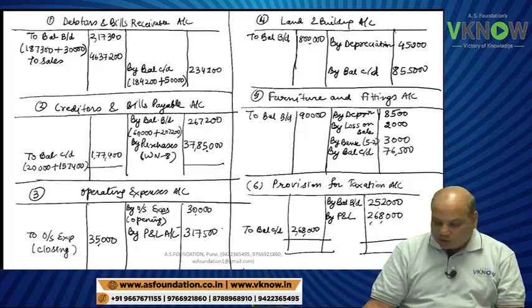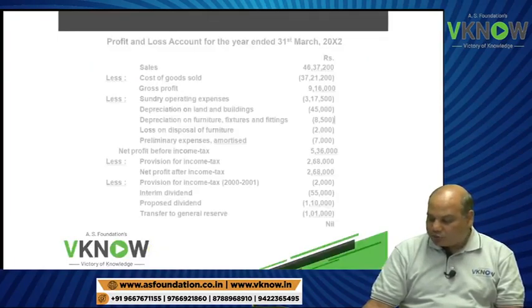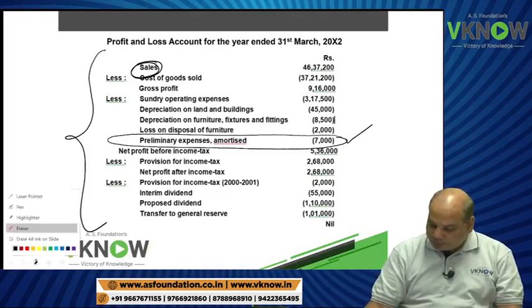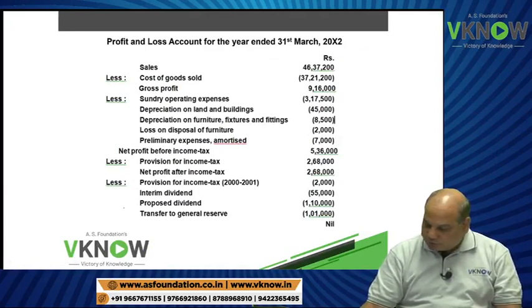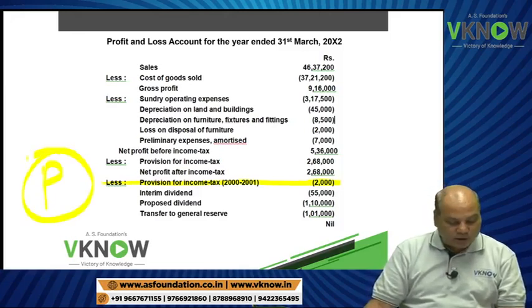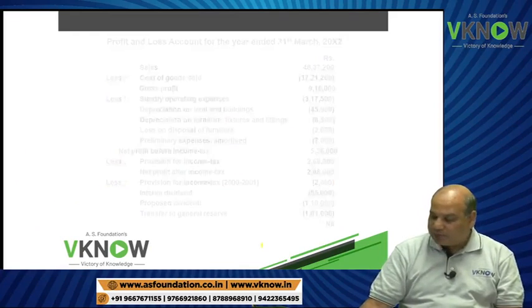Provision for income tax 2,000 rupees. This you write pending. I will come to this in the last. Interim dividend 55,000. This is paid.